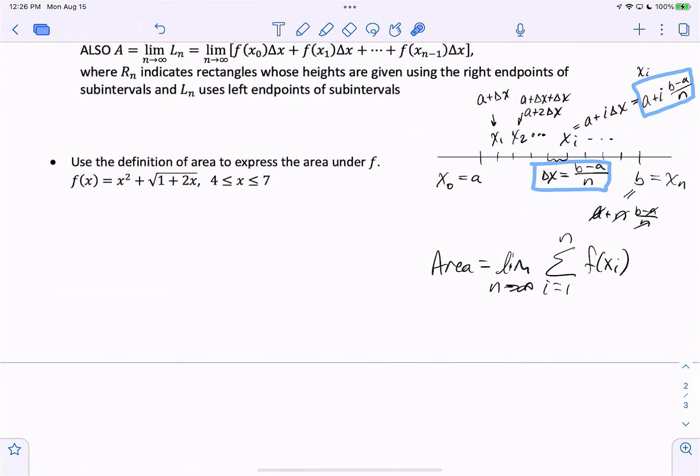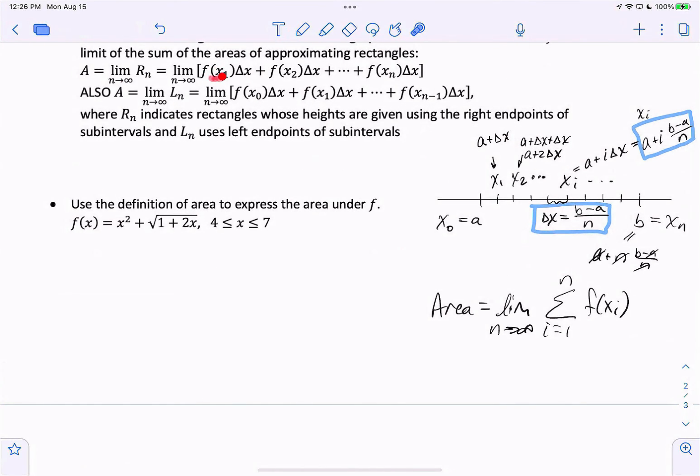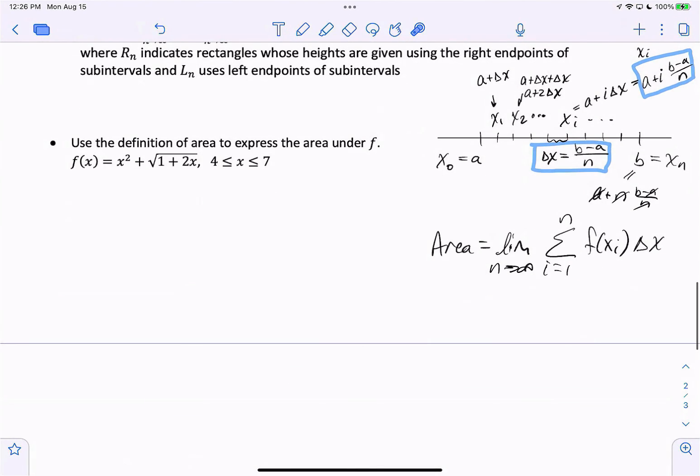That's what's happening here with f of x sub 1, f of x sub 2, f of x sub n, and so on. And factoring out the delta x, we can write that as a delta x there.